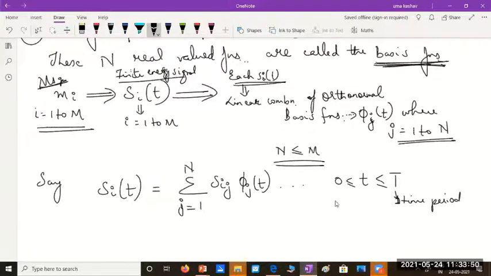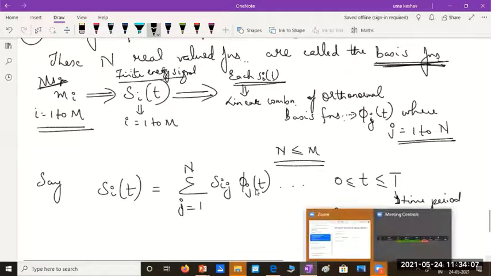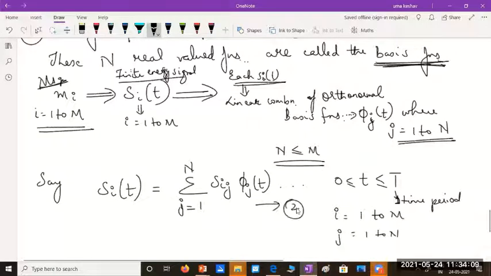And what is the value of i and j here? Remember, i is always from 1 to m and j is always from 1 to n. We have already defined that. Did I give any number to this equation? If that is equation 1, let me call this equation 2.